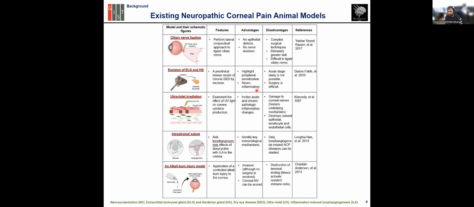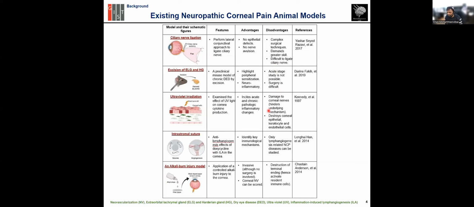In the second model, the acute stage is not possible because the surgical steps for the acute stage, when the changes happen, it already goes into the chronic stage, and also the surgery is very difficult.